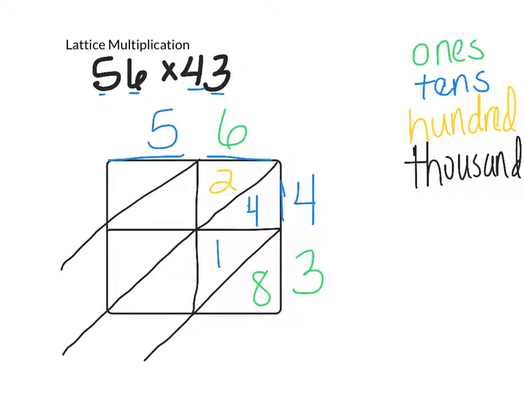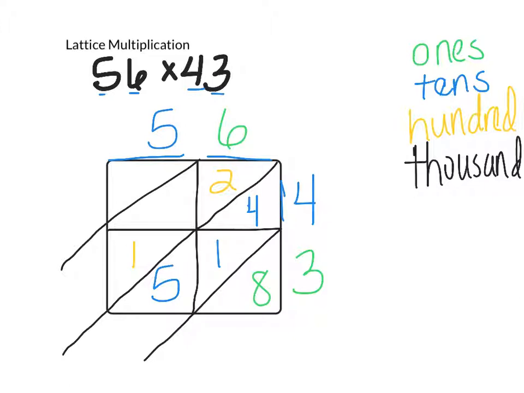I'm going to come over here, and I'm going to do 3 times 50 next. So 3 times 50 is 15, or 150. 15 tens, or 150. So if I have 15 tens, I have 15, and the 1 in that number is in the hundreds, and the 5 in that number is in the tens.